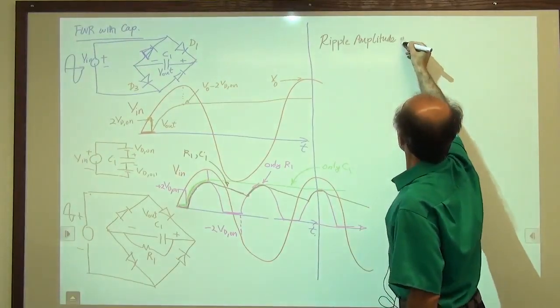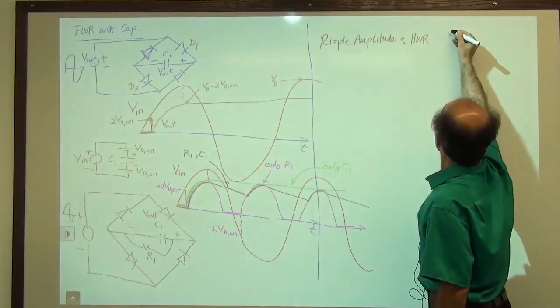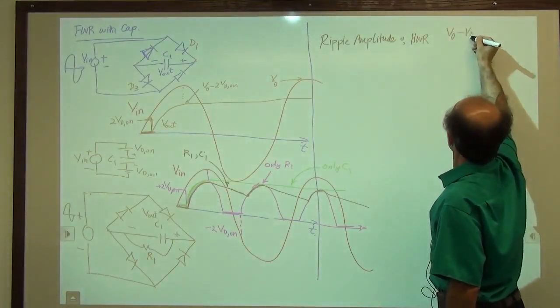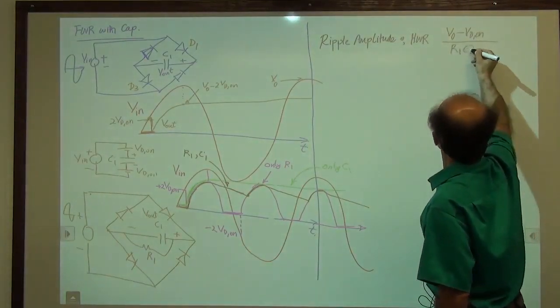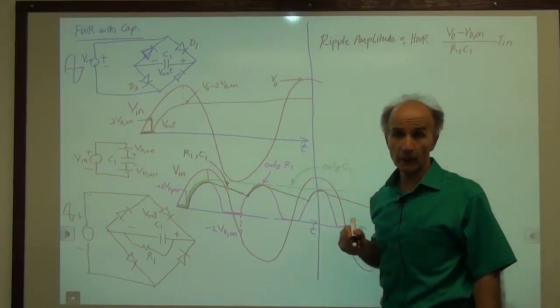For the half-wave rectifier, we had V0, the peak voltage of the input, minus 1 diode drop, divided by R1 C1 and then multiplied by T in, or divided by F in.